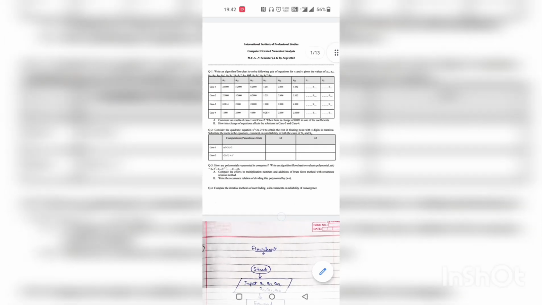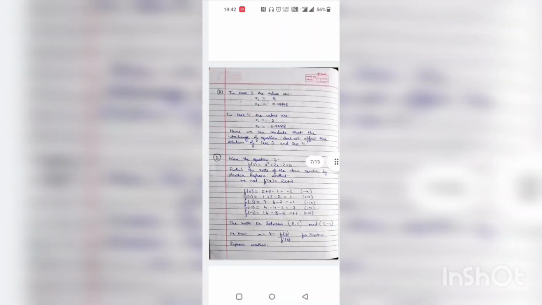The first part of the question says compare the efforts in multiplication and addition of the brute force method with the recurrence relation method. The answer of this part is that evaluation of a polynomial by brute force technique is simple but involves n plus 1 upon 2 multiplications and n additions. In the algorithm which follows, the number of multiplications is reduced to n.